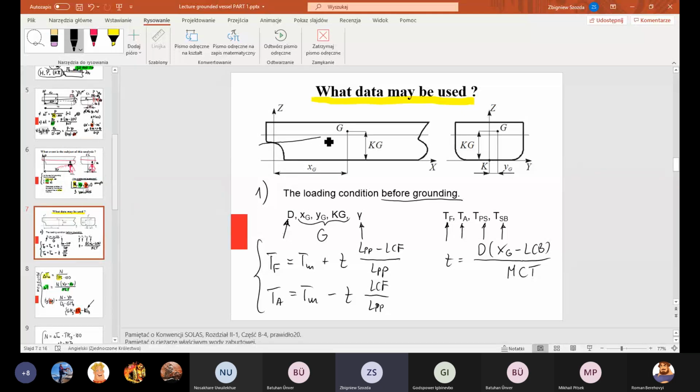The waterline, F, LCF, forward perpendicular, trim, fore draft, aft draft, mean draft, and so on.